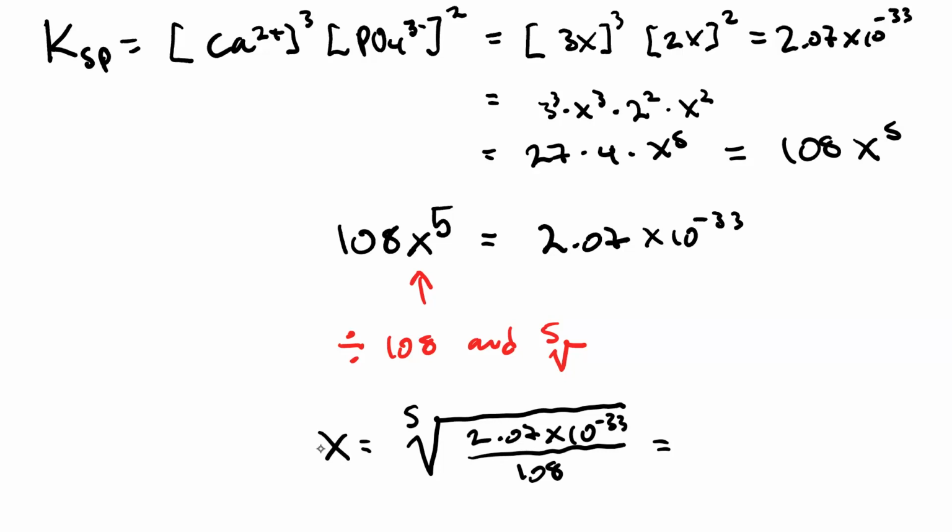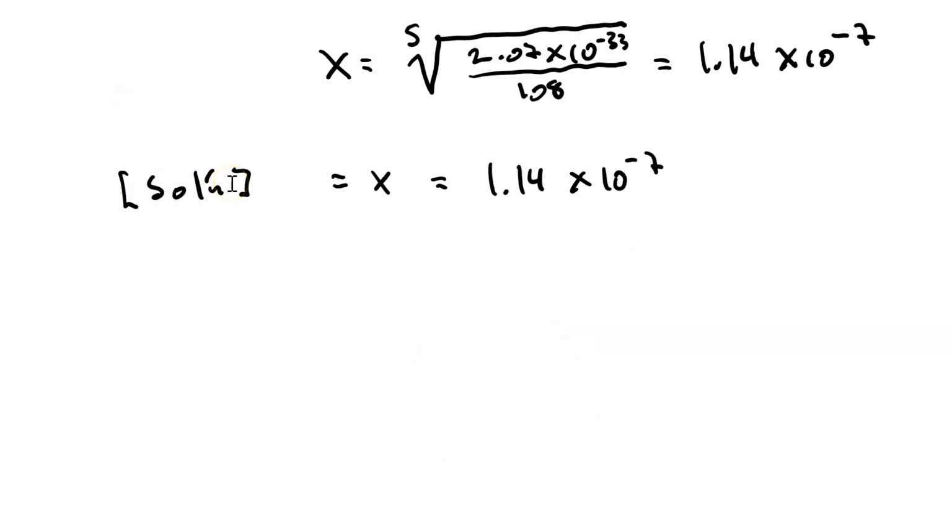And when I plug that in, I get 1.14 times 10 to the negative 7th. So that's x, and that is the molar concentration of calcium phosphate in solution. So we say the solution concentration is equal to x, which is 1.14 times 10 to the negative 7th. But what if we want to know the concentration of calcium?